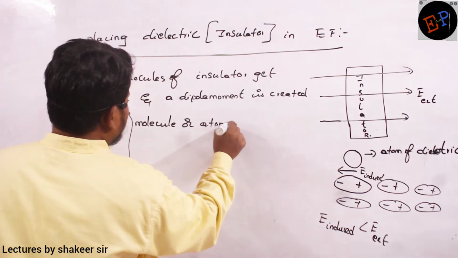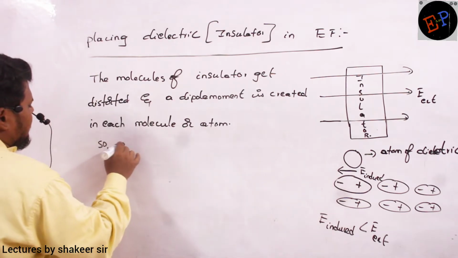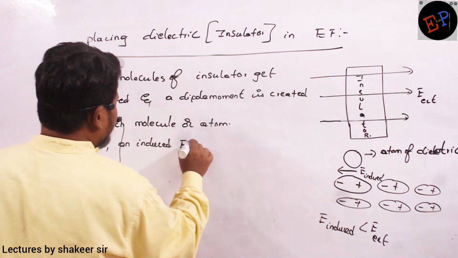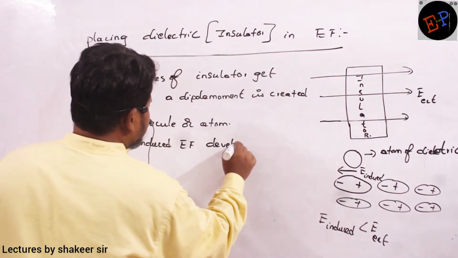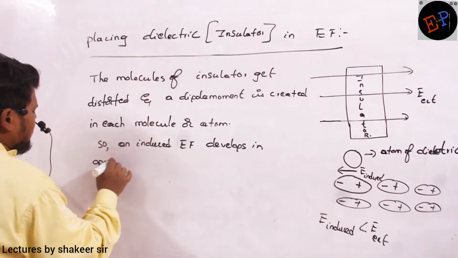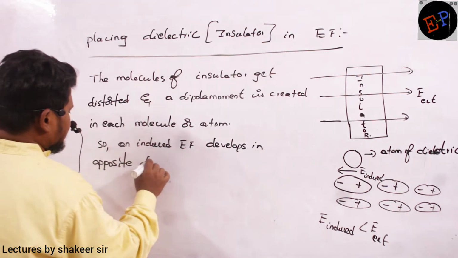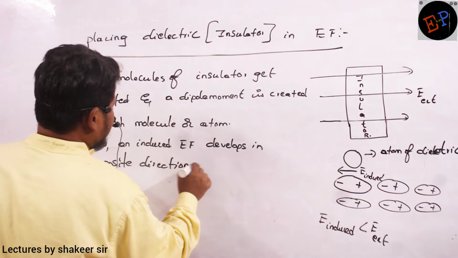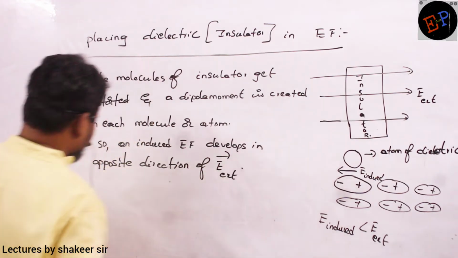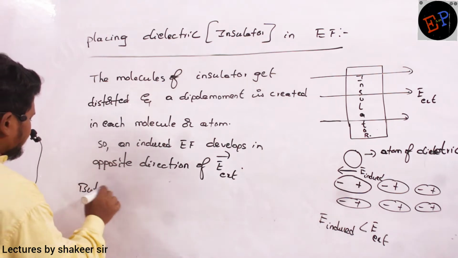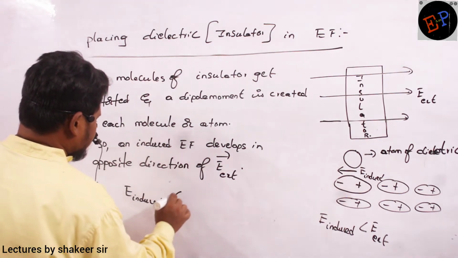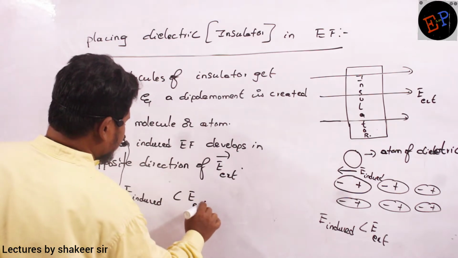So an induced electric field develops in opposite direction to the external electric field. Okay, but E induced is smaller than E external.